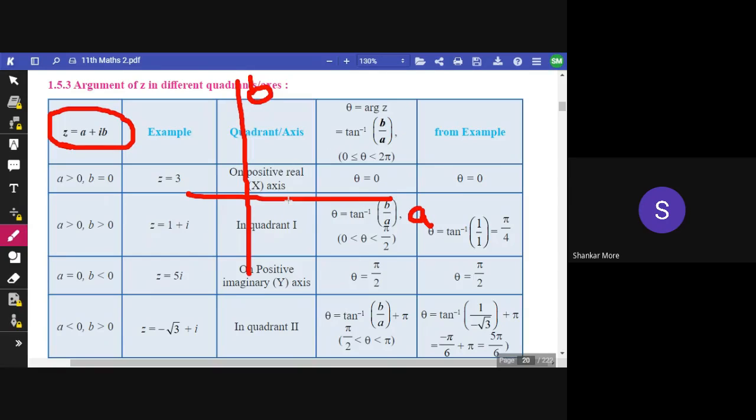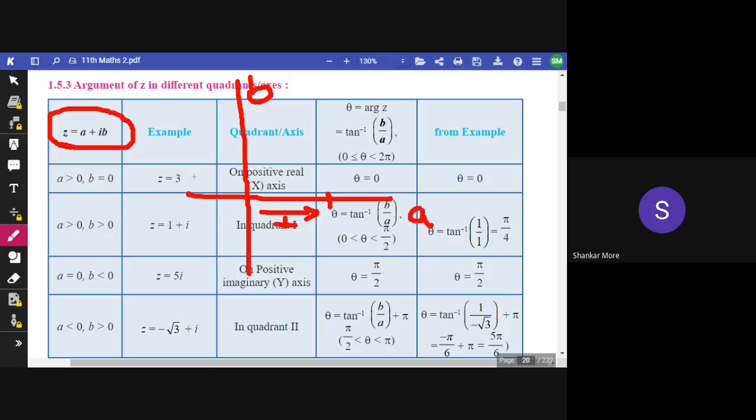My a is positive, so it is going to lie on the positive side only. But b is 0. So where is it going to be? It is going to be on this axis only, correct?